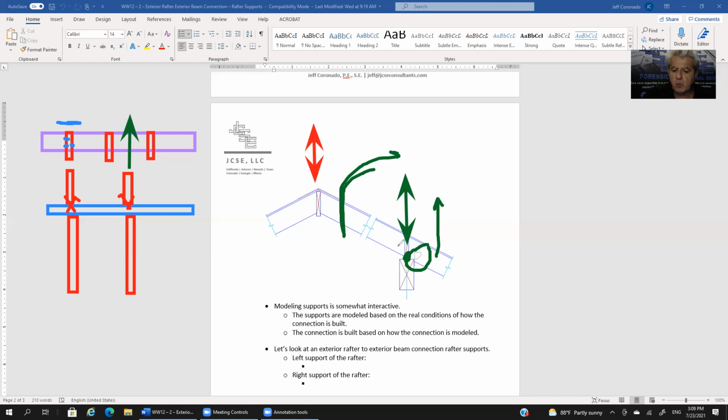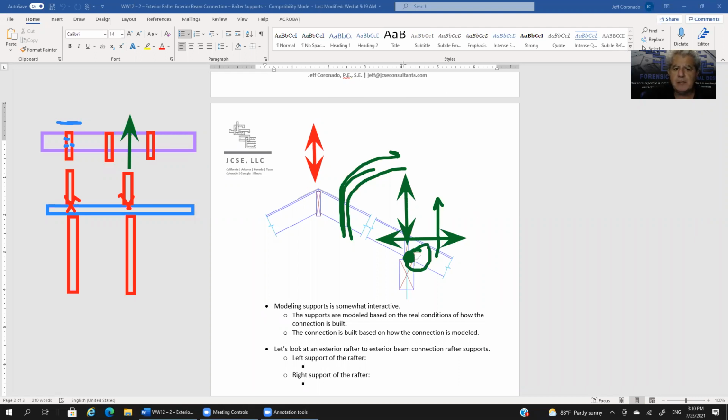With those couple toenails and even this hurricane clip, I'm going to be able to lift it and spin it about this point. So no, I don't have moment resistance. I don't have fixity at that point. So what we have is resistance in the vertical direction and resistance in the horizontal direction, but I do not have fixity.